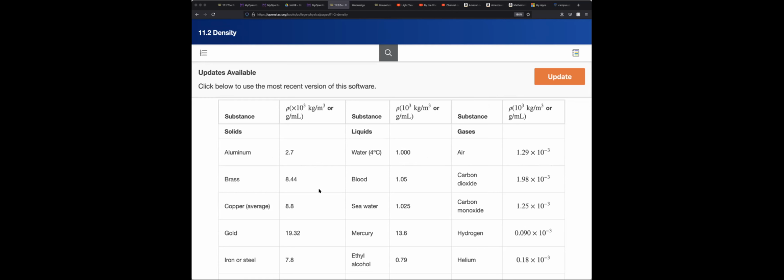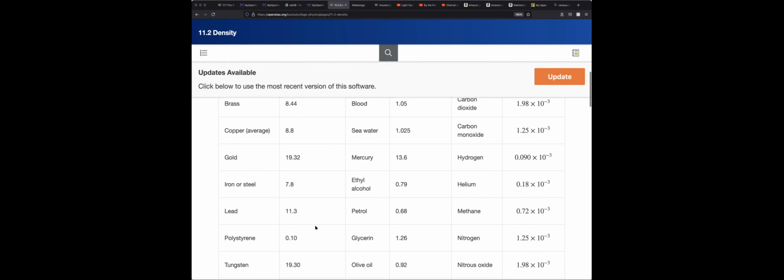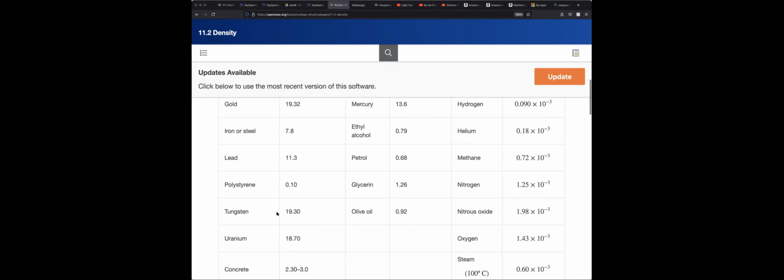Brass is more dense, copper is more dense, gold is more dense. You get all the way up here to tungsten. Tungsten and gold are very dense. Uranium also quite dense. These numbers are a little bit variable because there are certain types of uranium that are quite a bit more dense than this.